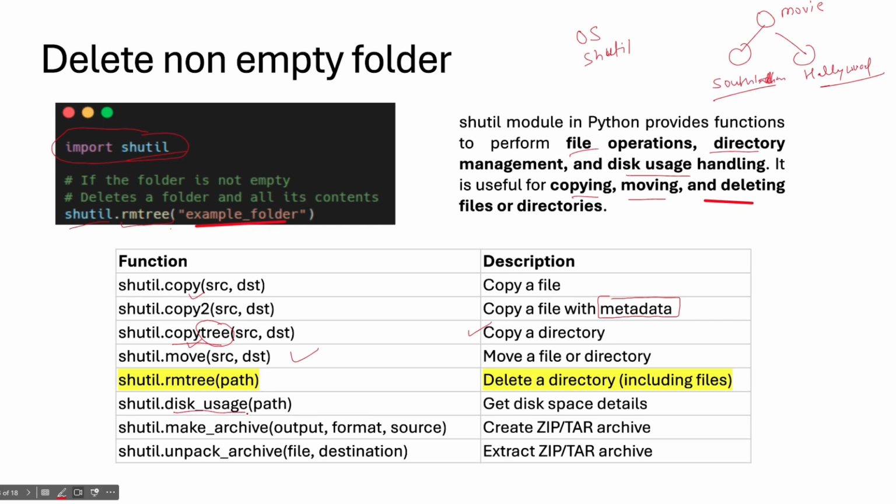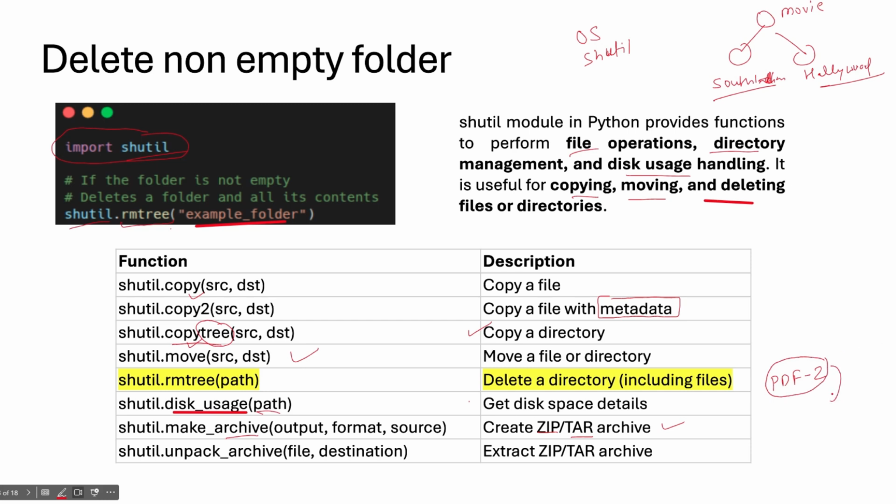You can also use disk usage, to see how much disk is occupied by a particular folder. You can also create an archive, which means a zip file or a tar file. In some projects you may be generating PDF files, so how will you do the download operation on them?